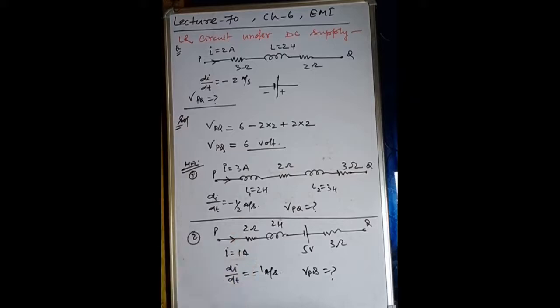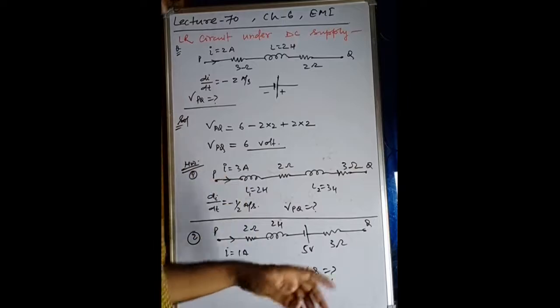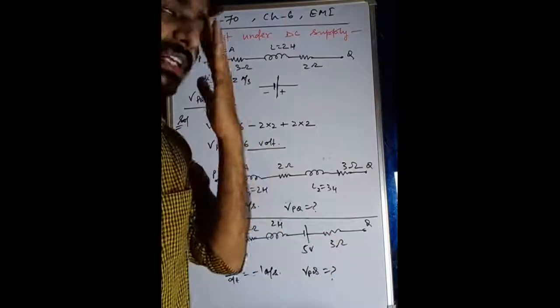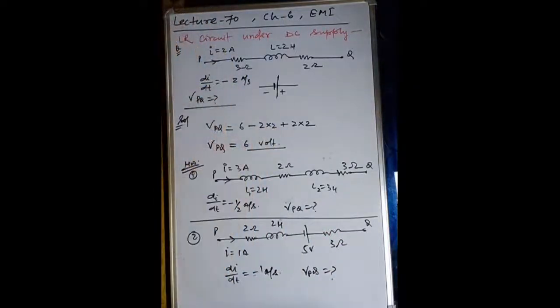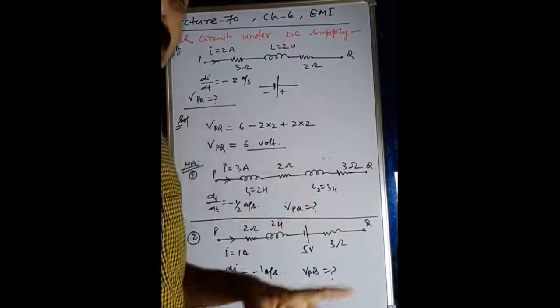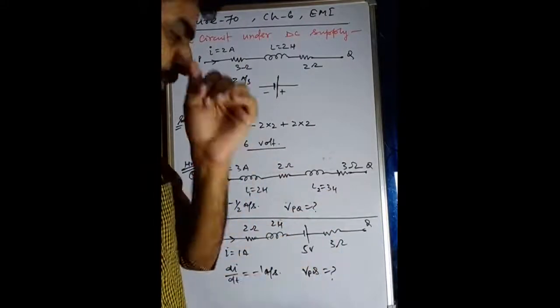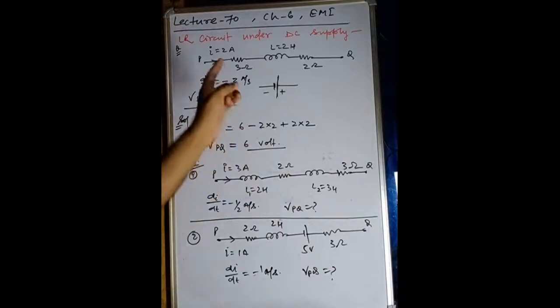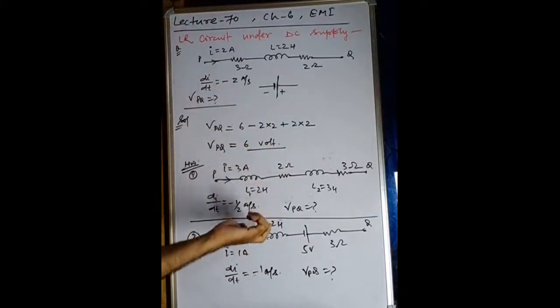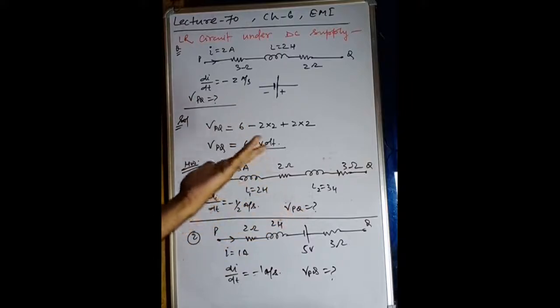Okay. So my dear students, this is the LR circuit that we have studied under DC supply, direct current. The same circuit we will study in alternating current also, in the AC chapter. So these are the questions regarding the potential due to the inductor at the two terminals of the inductor under DC supply.